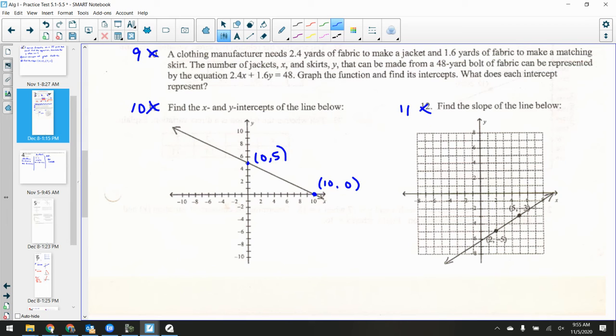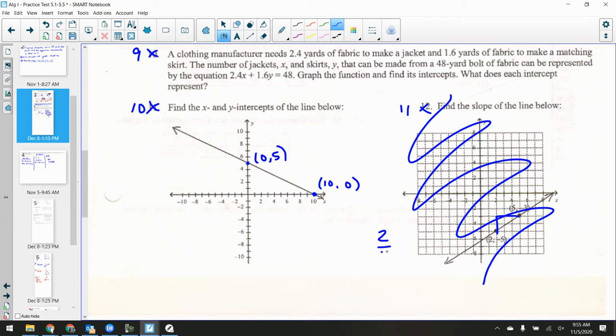Number 11, the slope. We got to count. Just count it. 2, 3. Wait a second. I've got a different graph on there. Oh, so that's not the right graph. What'd you guys get for your slope? Oh, it is still 2/3.